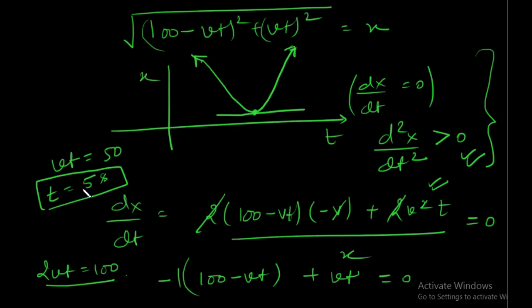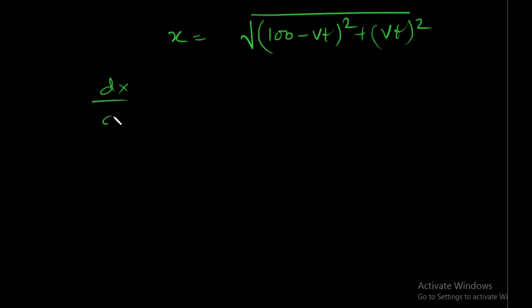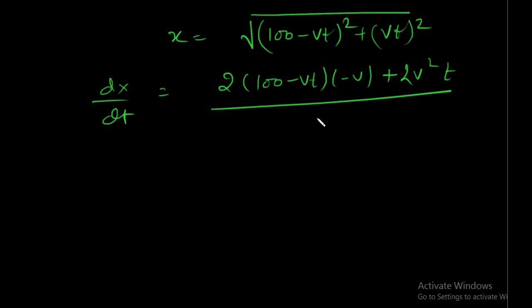T here is 5 seconds, but is it the time at which x is minimum? For that we will have to check the double differential also. So x would be equal to root under (100 minus Vt) whole square plus (Vt) whole square, right? So dx by dt is twice of (100 minus Vt) into minus V plus V square times 2t divided by x.